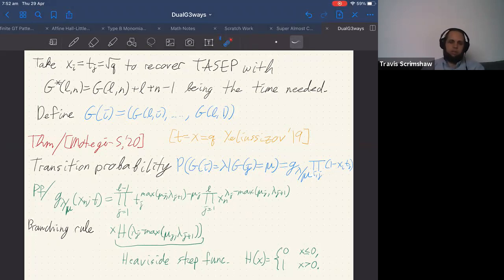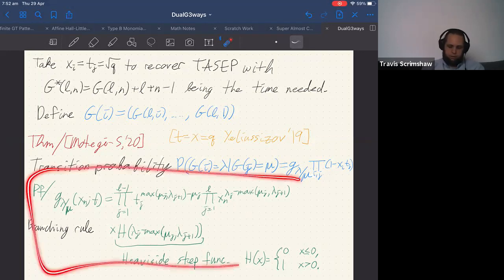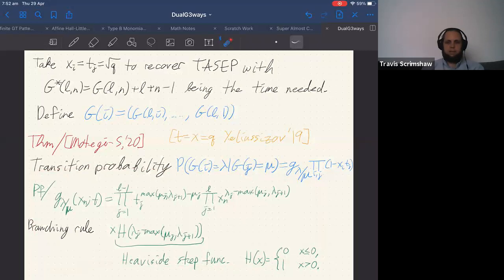And that's the branching from lambda down to mu for that particular shape. So you get this very explicit way of writing it.